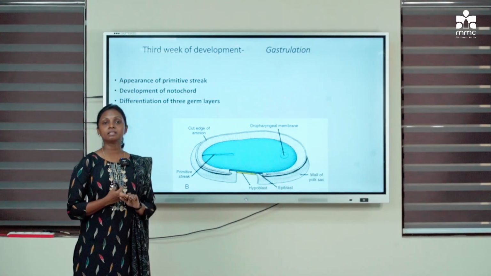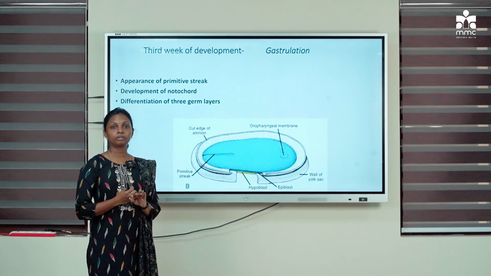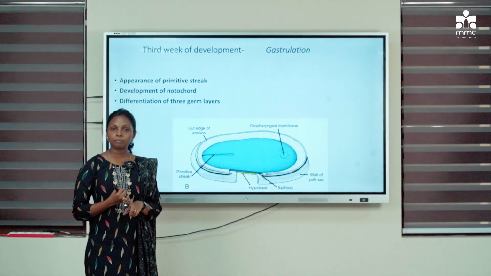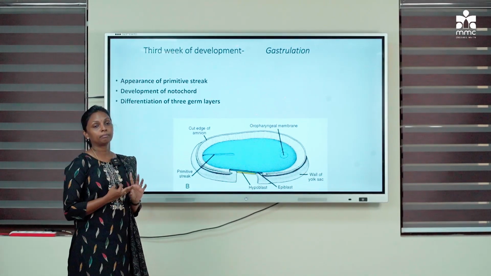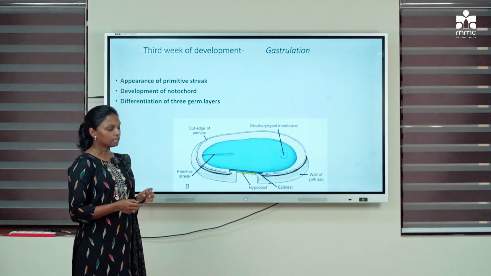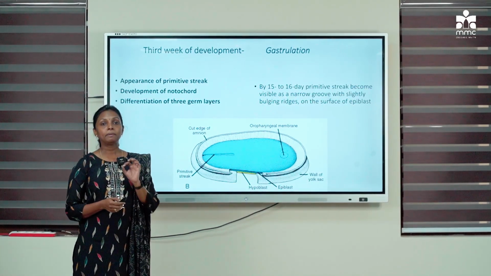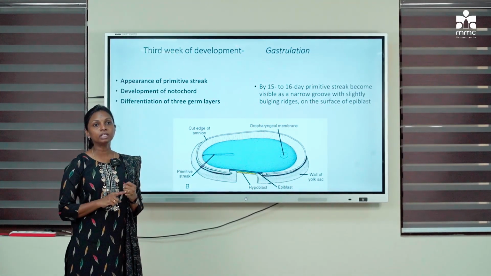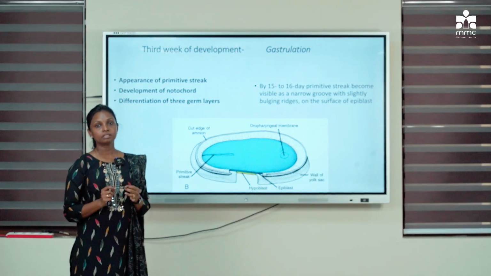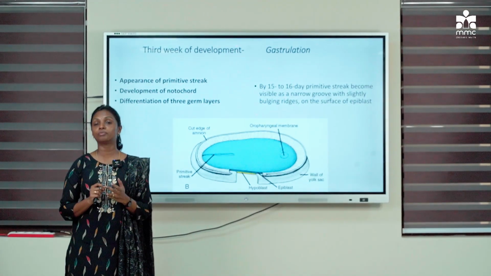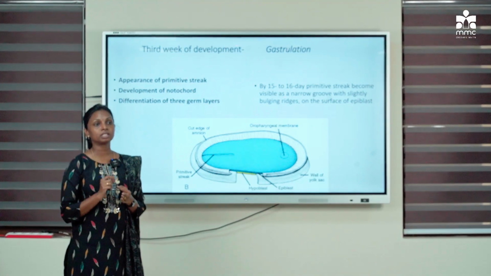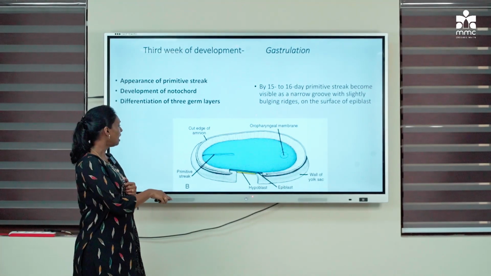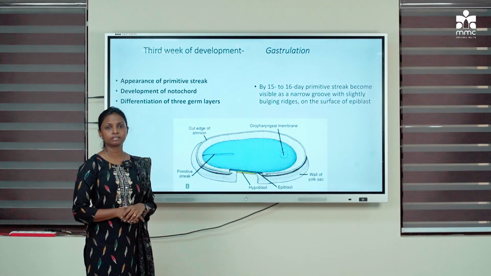The notochord appearance is noticed on the 15th to 16th day of intrauterine life. The primitive streak starts appearing as a linear narrow groove at the caudal end of the embryonic disc.